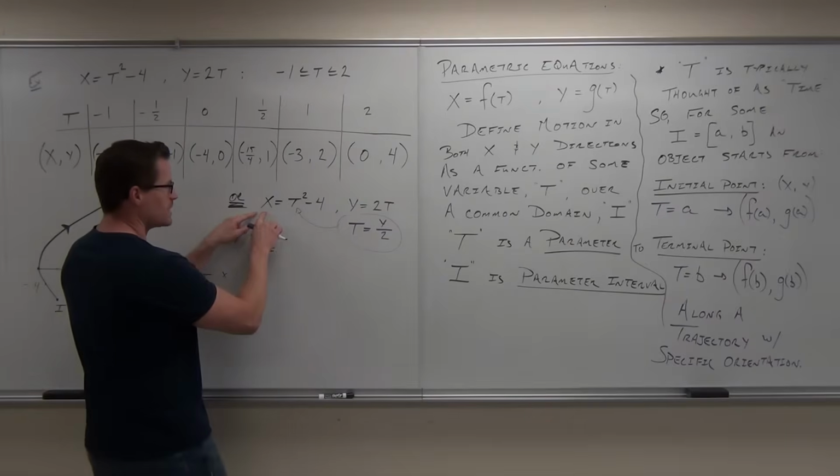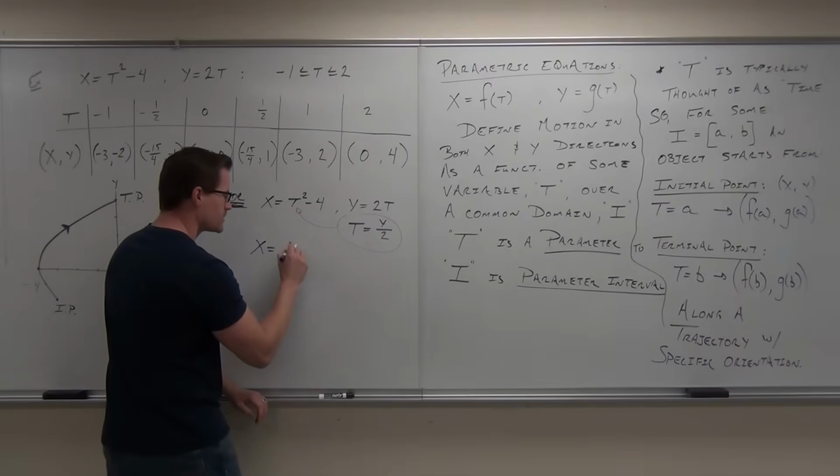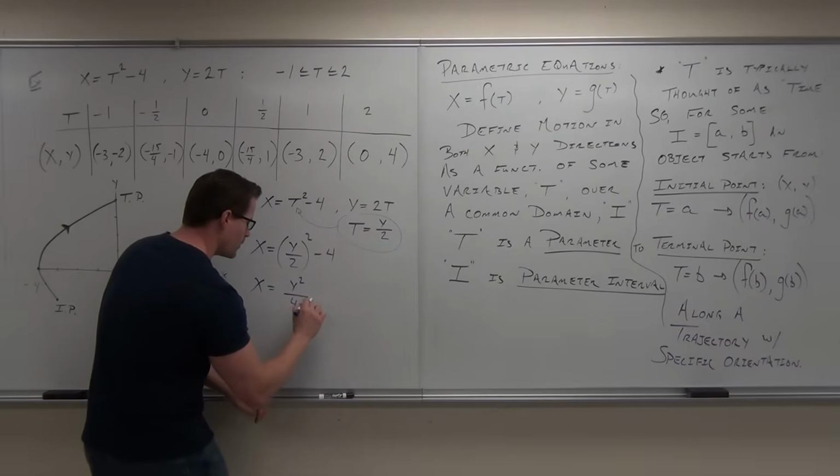So, in our case, if x equals t squared minus 4 and t equals y over 2, then what we're going to have is (y over 2) squared minus 4, or x equals y squared over 4 minus 4.